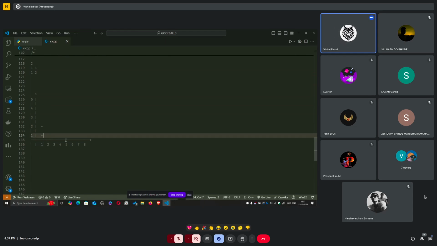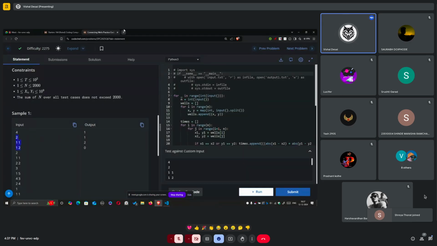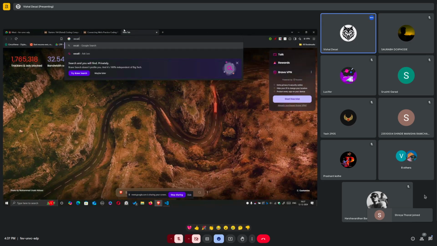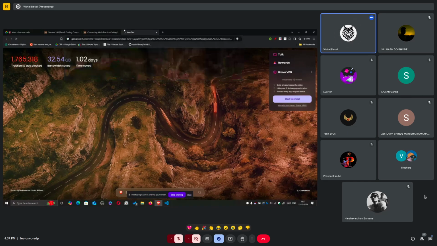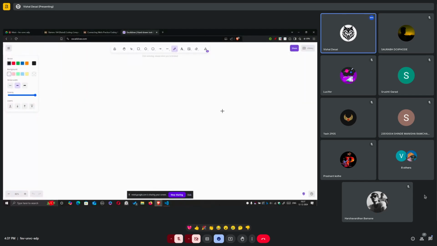Okay, so what the question says is there are also n channels that originate from each well, in the four cardinal directions. I will just open Excalidraw, I guess, just to make it simple. Consider this. This is 1 1.